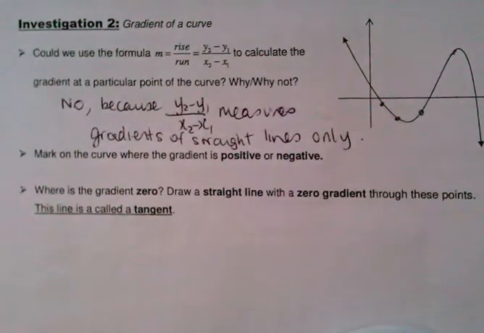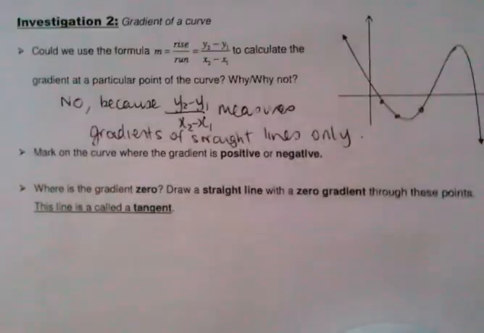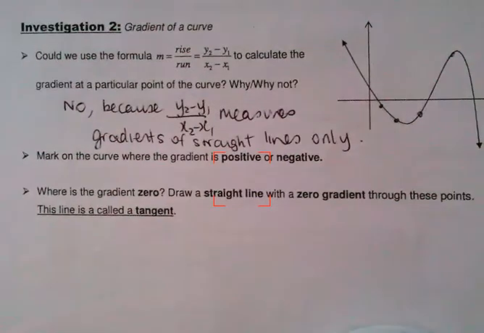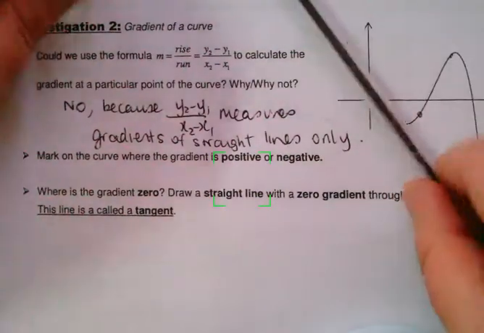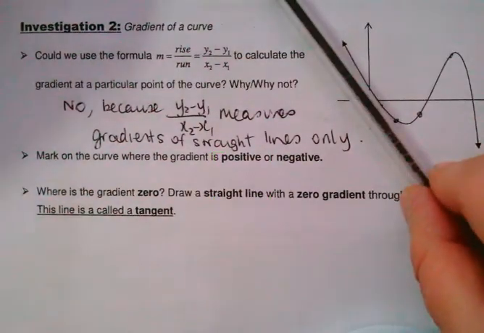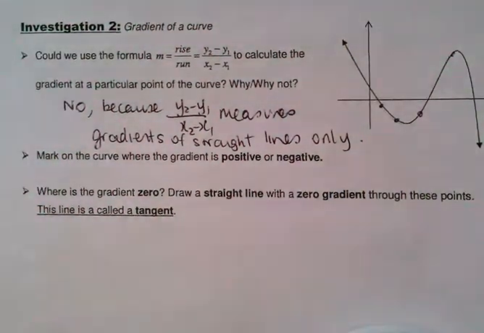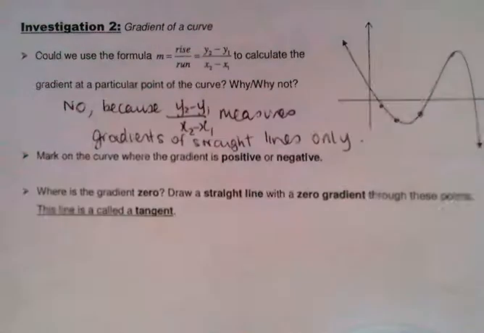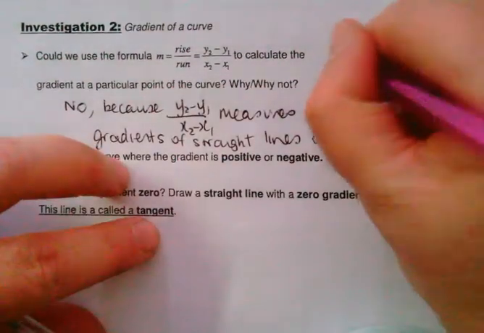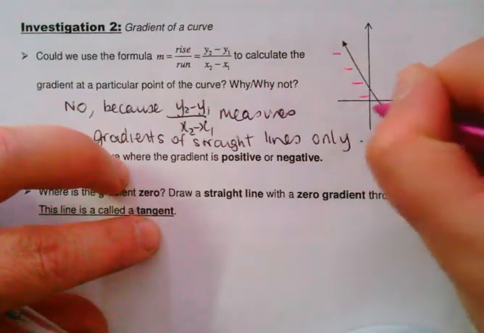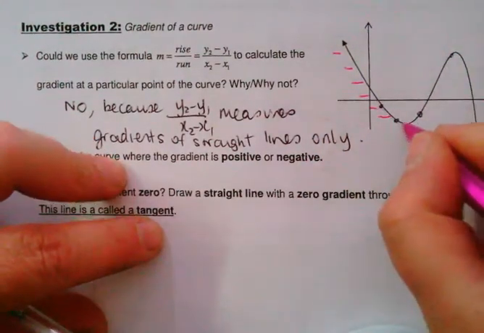So it's just saying, now mark on the curve where the gradient is positive or negative. Tell me about the gradient here. Negative? Good. I'm just going to do this in another colour. The gradient is negative, negative. What about down here?